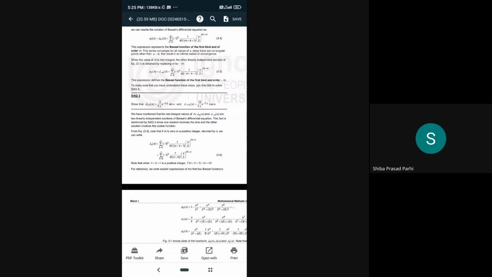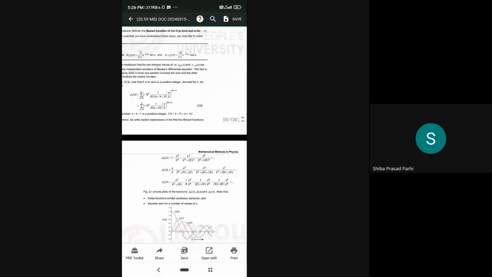J_n is equal to summation k is equal to 0 to infinity minus 1 to the power k, 1 by k factorial gamma of n plus k plus 1, multiplied by x by 2 to the power 2k plus n, which is equal to summation k is equal to 0 to infinity minus 1 to the power k, 1 by k factorial n plus k factorial, x by 2 to the power 2k plus n, and n plus k plus 1 is a positive integer, and gamma n plus k plus 1 is equal to n plus k factorial. So now J0, J1 and J2 are expressed like this and plotted as shown in figure 3.1.